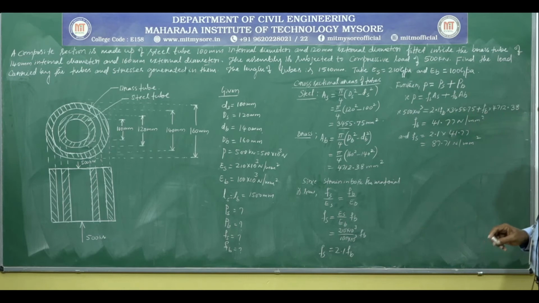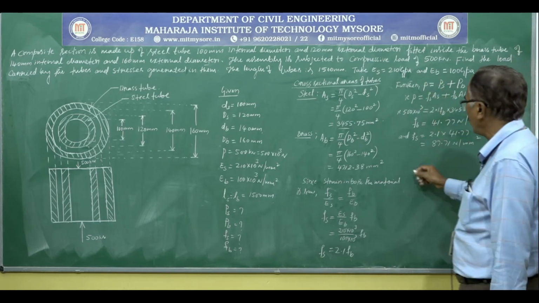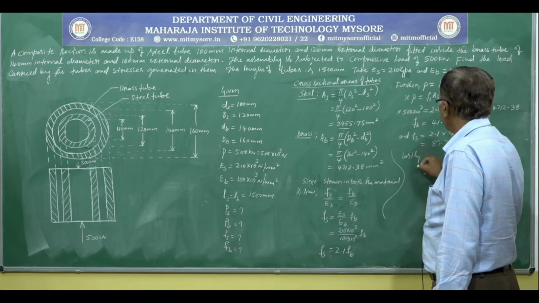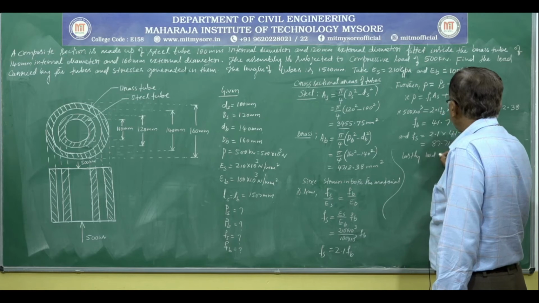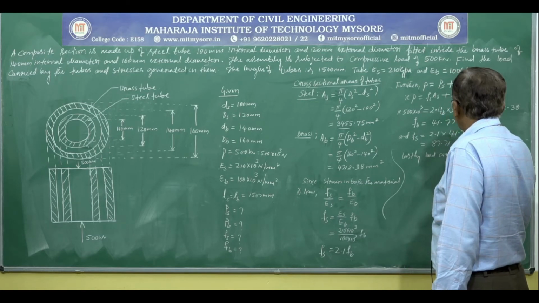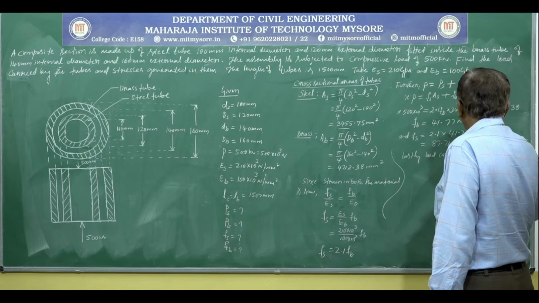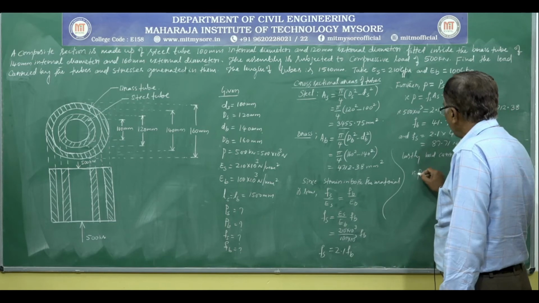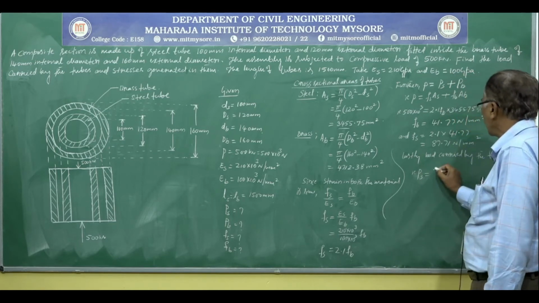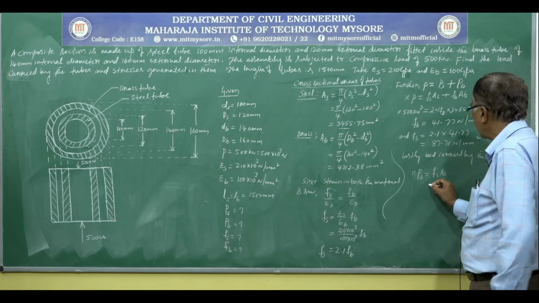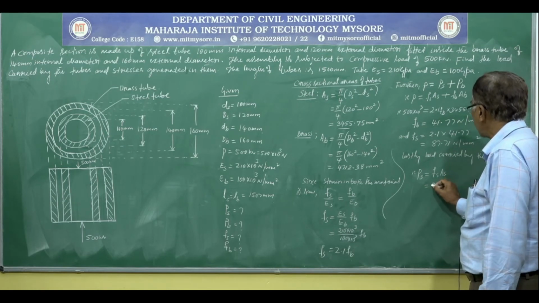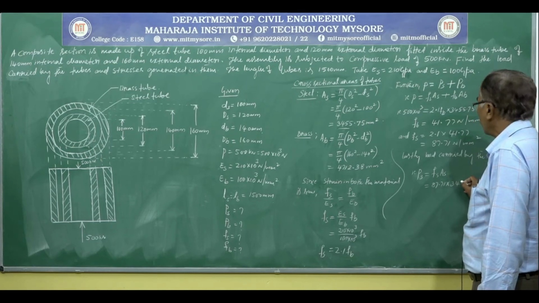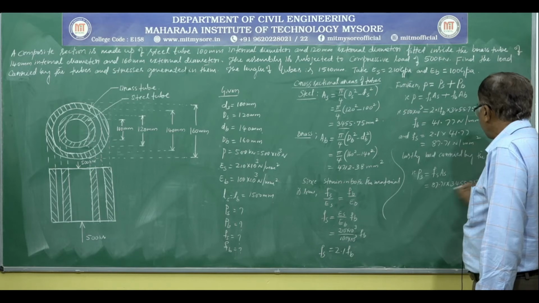Once we know the stresses generated in the tubes, we can easily calculate load carried by the tubes. Next, lastly, load carried by the tubes, that is Ps is equal to fs into As, that is equal to 87.71 into area 3455.75.